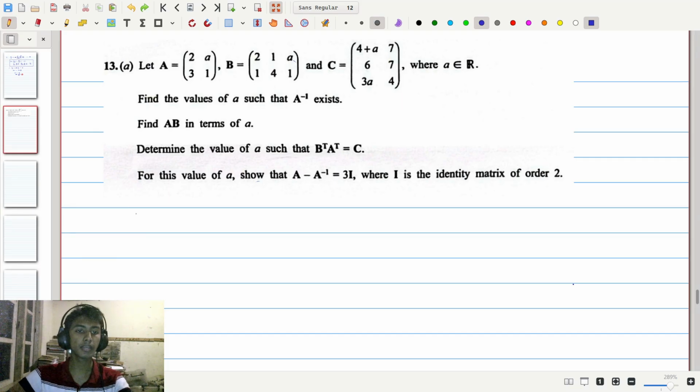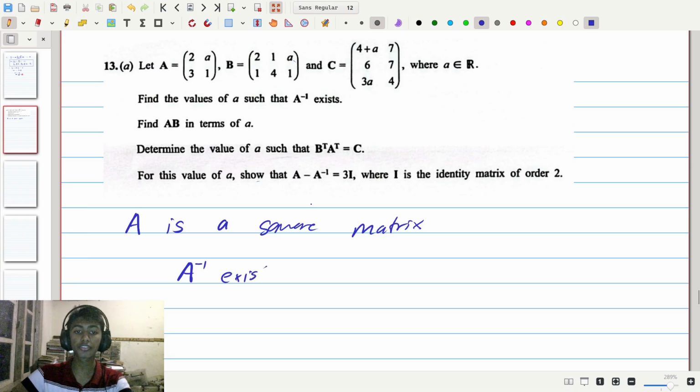So we can say A is a square matrix. Now given that A is a square matrix, the condition that we need is that if A inverse exists, we definitely need the condition that the determinant of A, which I'm going to call det A, is not equal to 0.